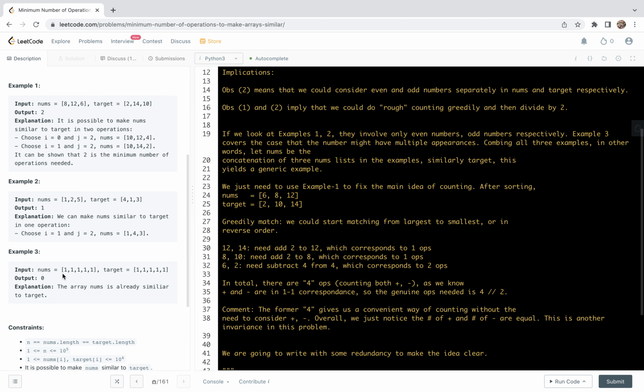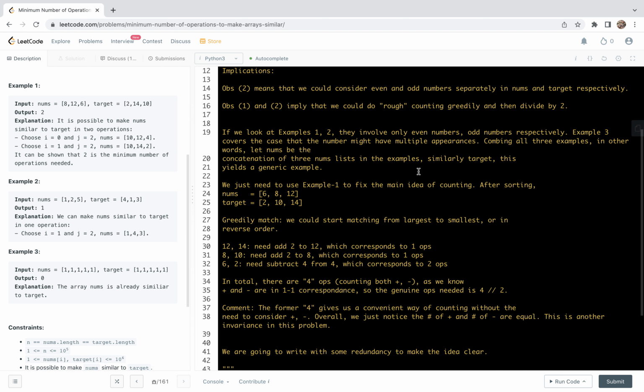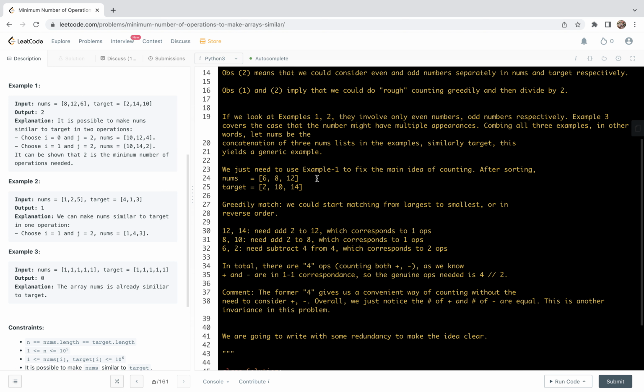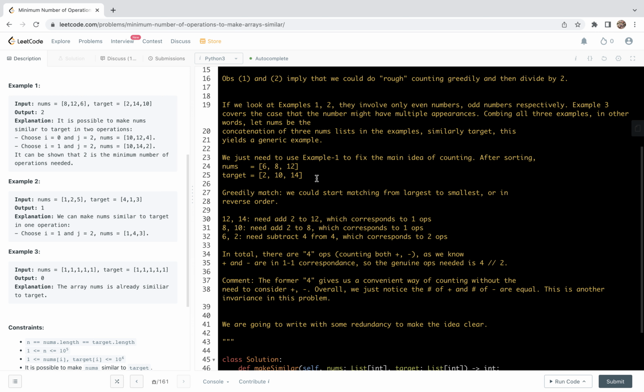Example 3 covers the case that a number might have multiple appearances, in other words, it appears more than once. Combining all three examples, let nums be the concatenation of the three nums lists in the three examples, similarly for target. This yields a generic example. So that's the analysis for these three examples.